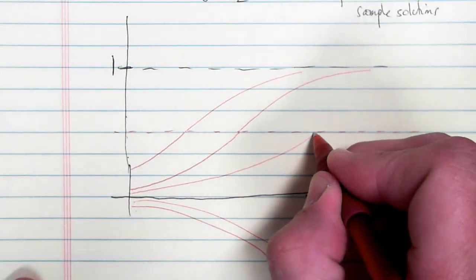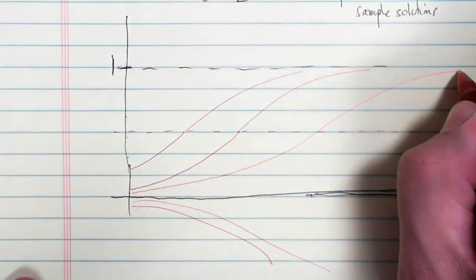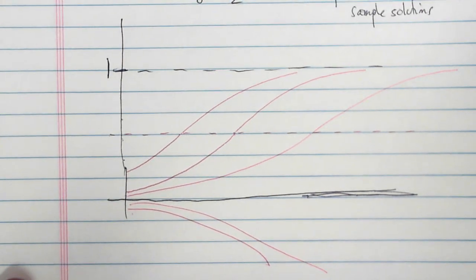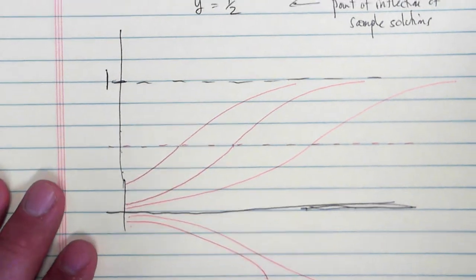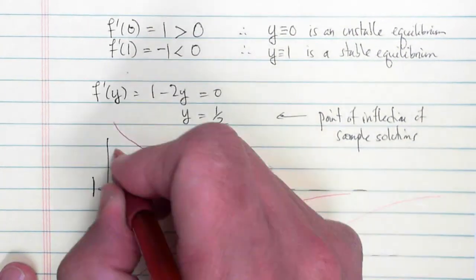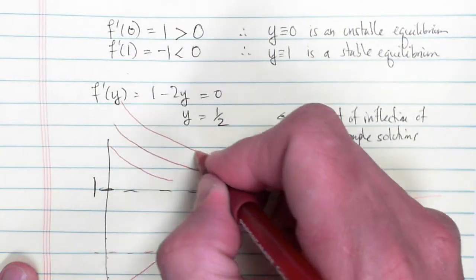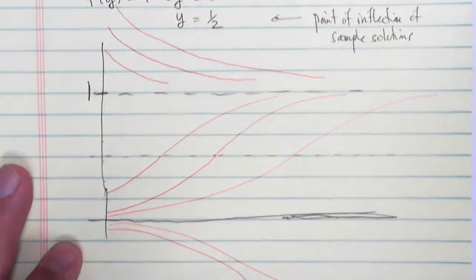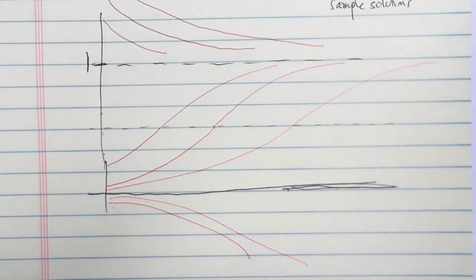Up, change concavity there, and then get closer to 1. So these are the sample solutions of this curve. And then finally above 1, there's no points of inflection, so they just simply get closer and closer to 1 coming from above. So we see that 1 is a stable equilibrium, and that 0 is an unstable equilibrium. Okay, so that's what the sample solutions look like.